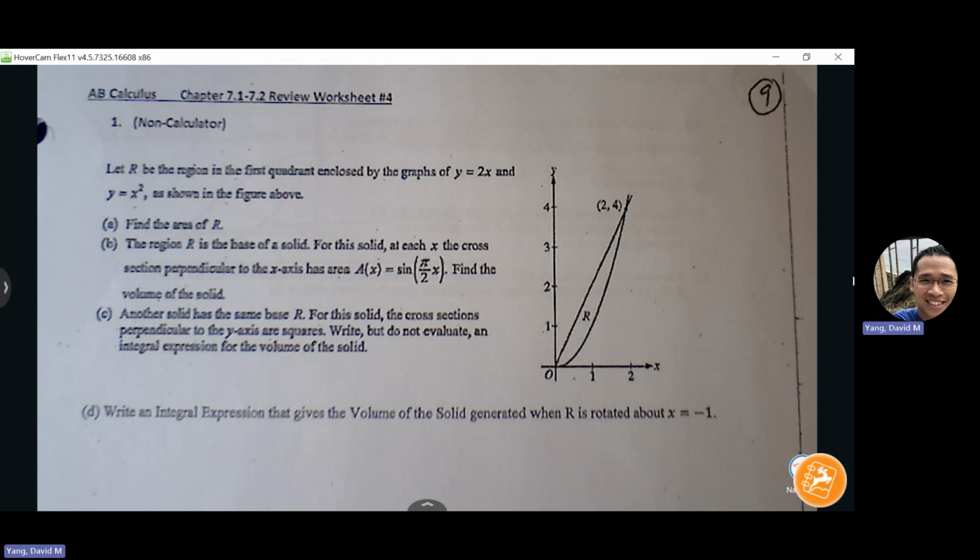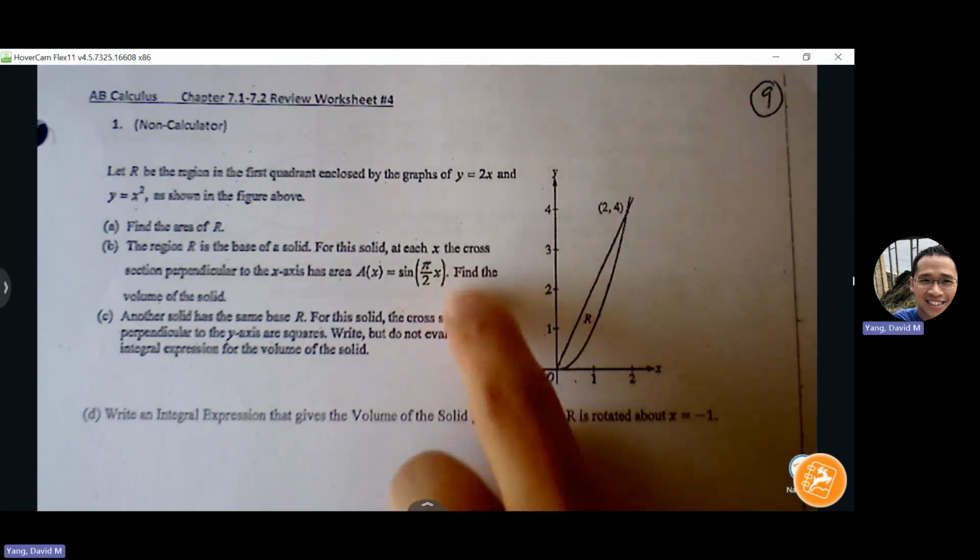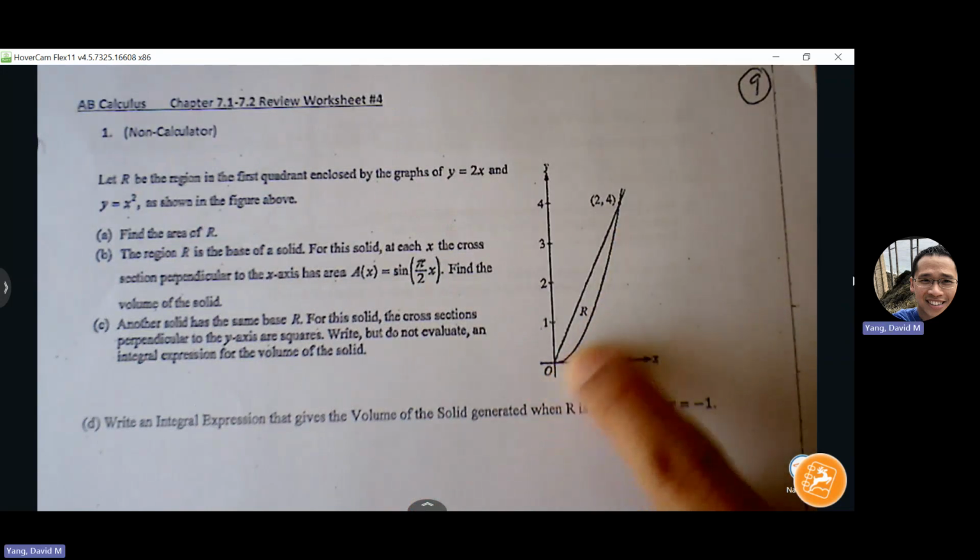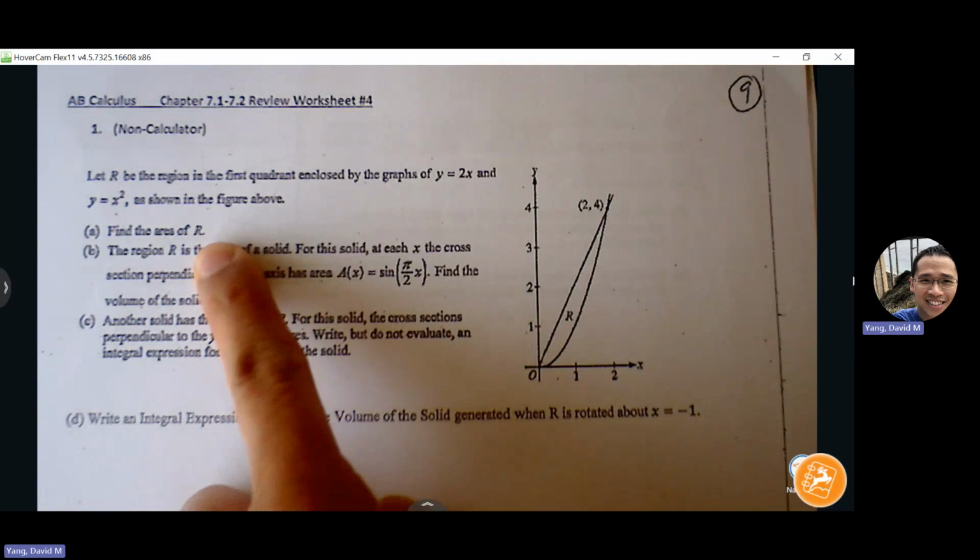Let's start with number 1, part A. It says, let R be the region in the first quadrant enclosed by the graph y equals 2x and y equals x squared. So the curve is the x squared and the linear is 2x. Find the area of R.